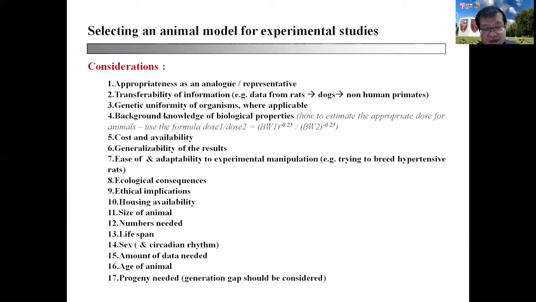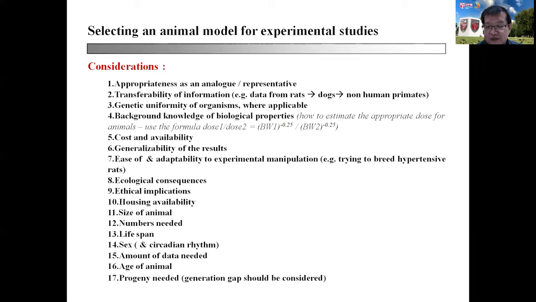And the lifespan of animals itself must exceed the tenure of the experiments incorporated. In certain toxicological studies, sex and circadian rhythm could be very important considerations for the accuracy and generalizability of the model itself. And depending on the parameters and the amount of data required, we may also select the appropriate animal species for this purpose.